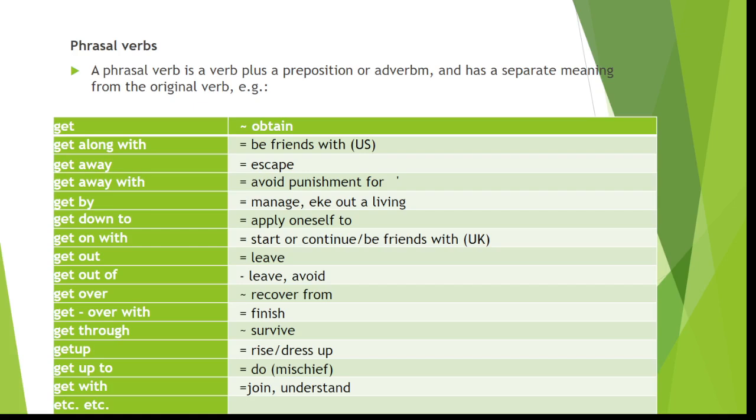Get out, equals leave; get out of, leave, avoid; get over, recover from; get over with, equals finish; get through, survive; get up, equals rise or dress up; get up to, equals do mischief; get with, equals join, understand.